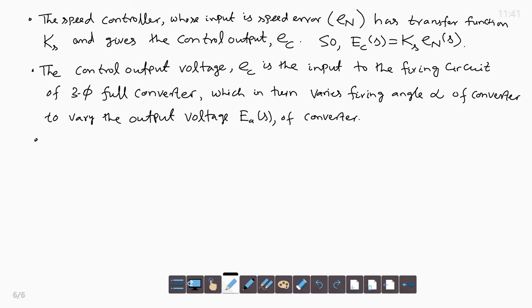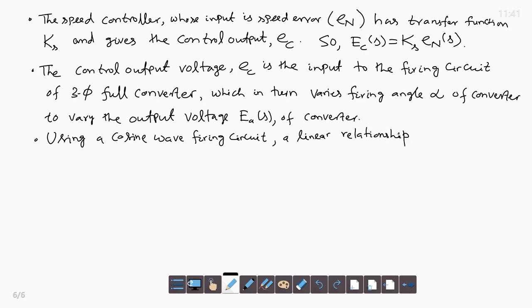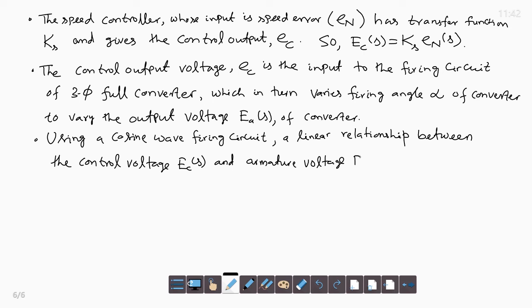Another important point is that using a cosine wave firing circuit, a linear relationship between the control voltage Ec(s) and armature voltage Ea(s) can be obtained.